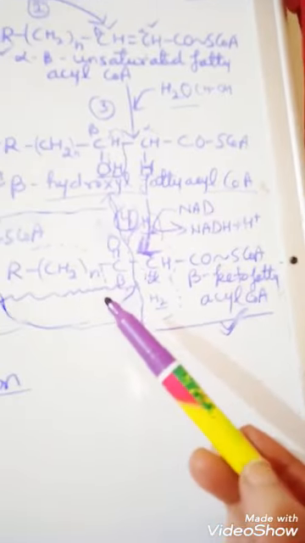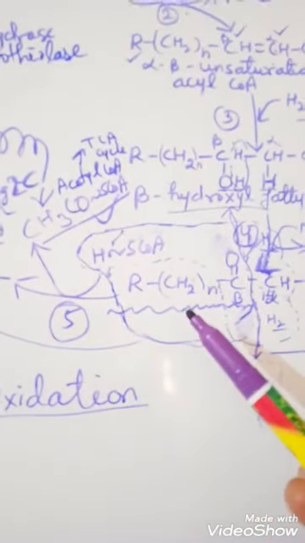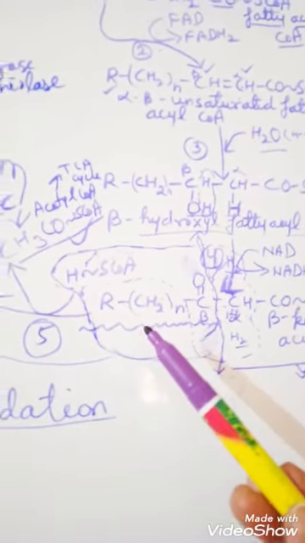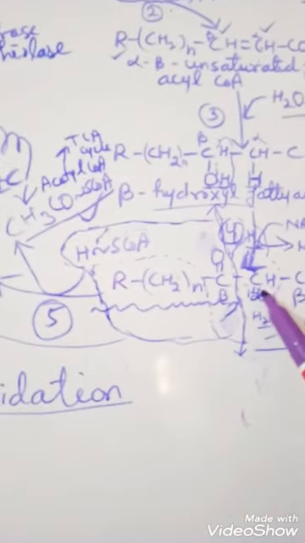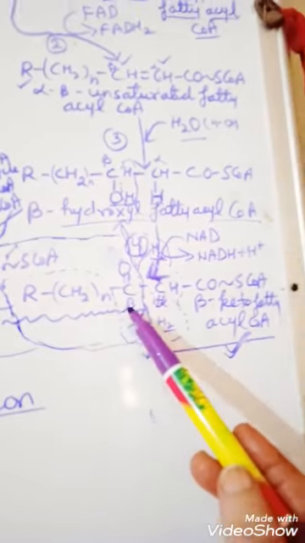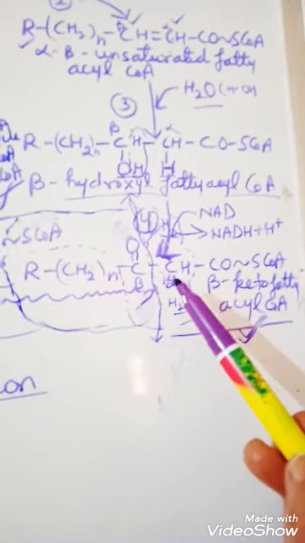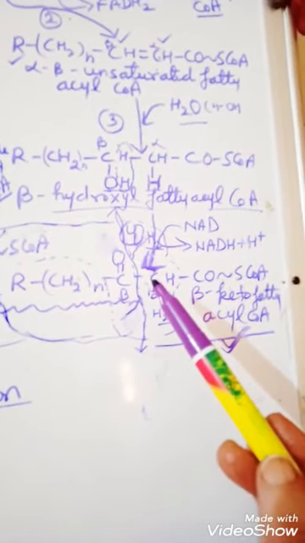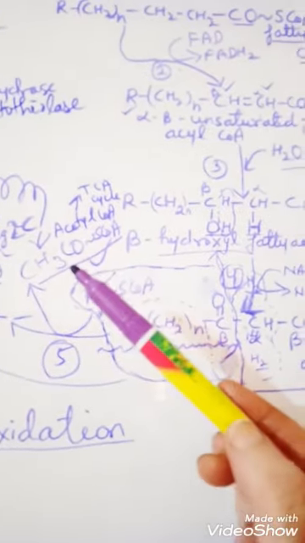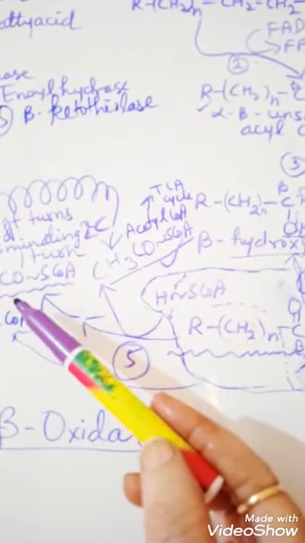This beta keto fatty acyl coenzyme A undergoes a cleavage step, and in this step there occurs a cleavage between the alpha and beta carbons, that is thiolysis involving coenzyme A. You could see here coenzyme A and the enzyme thiolase or beta ketothiolase to give acetyl coenzyme A. You could see here acetyl coenzyme A and fatty acyl coenzyme A with two less carbons.